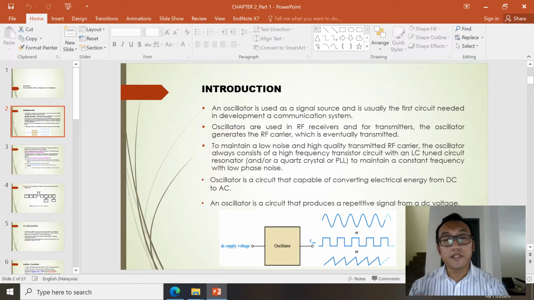So the car must be bigger than the people, so that people can get into the carrier and be transmitted. The same thing happens with the data. Okay, that's the introduction.